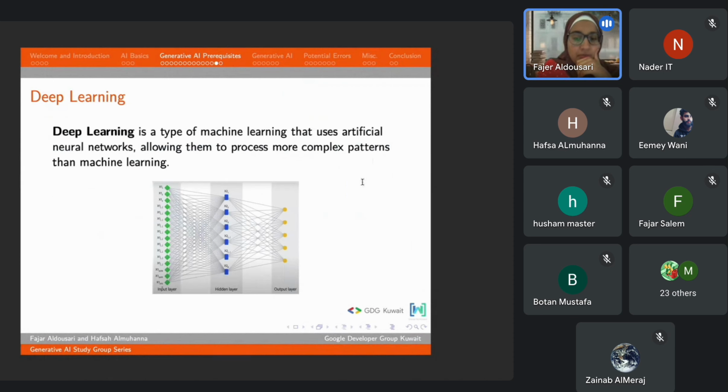I'm just going to touch slightly on deep learning, because it is quite a learning curve and there's a lot more to it. It's a type of machine learning based on artificial neural networks. It mimics the human brain, and that enables it to process more complex patterns.